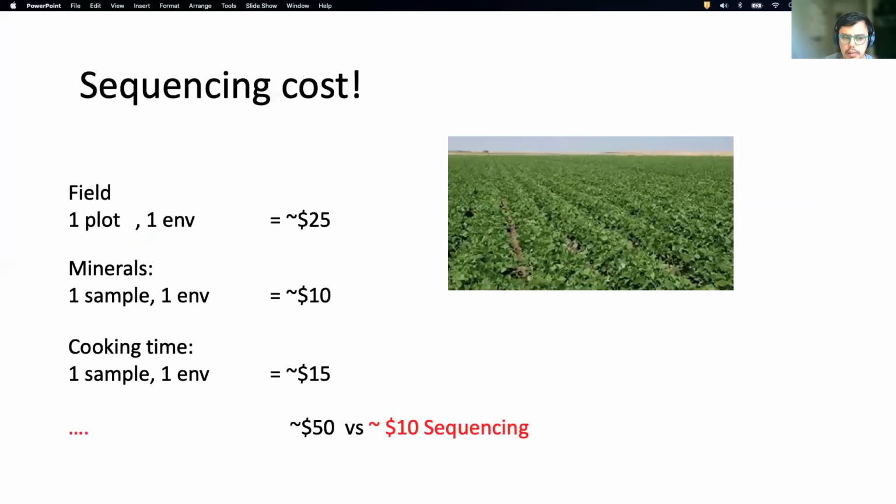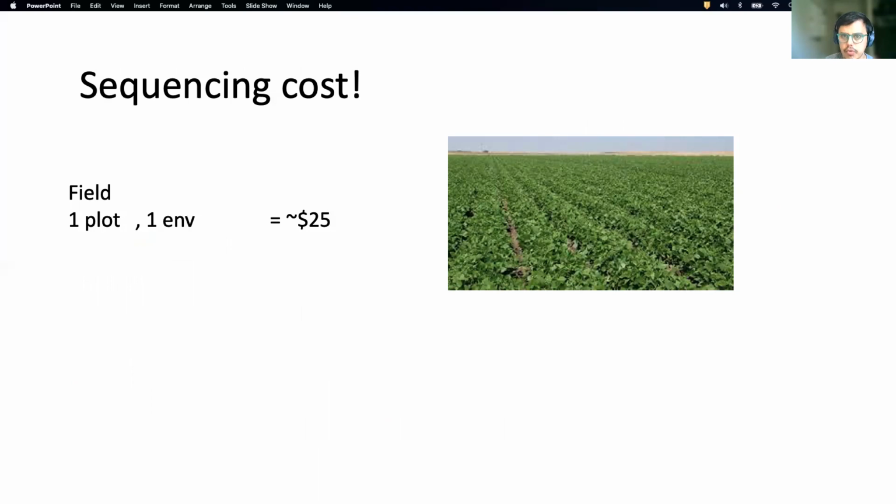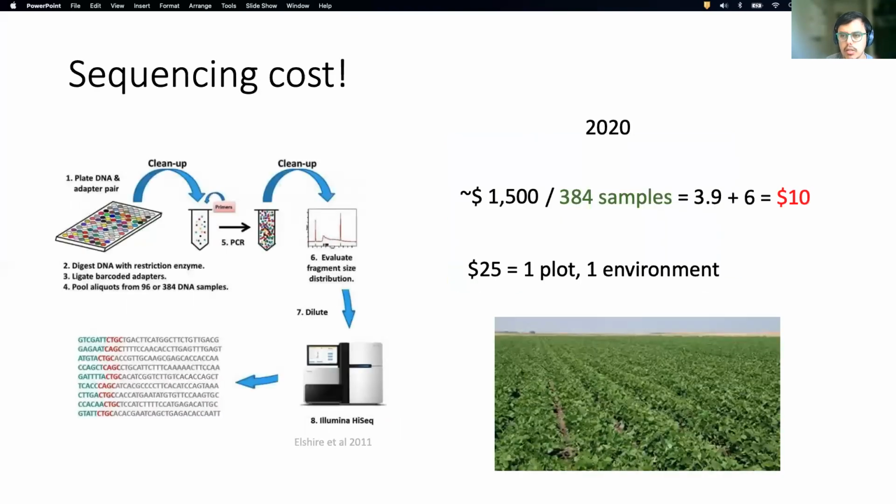For us, we think genomic selection is a good investment, because the sequencing cost here in Michigan is around $10 per sample. It's not cheap, but actually, yeah, it's cheap.